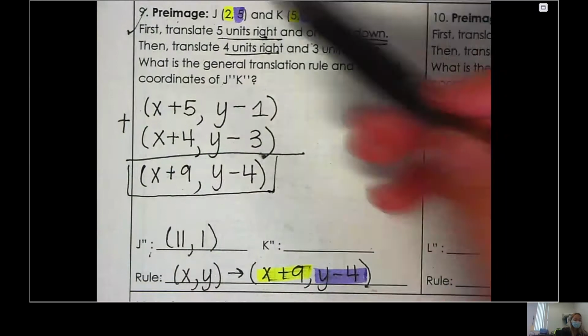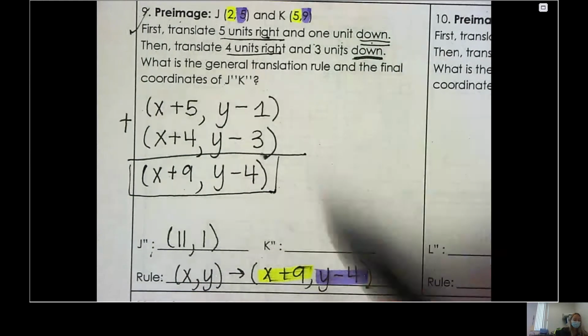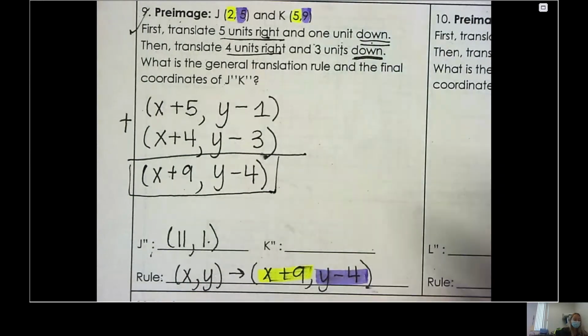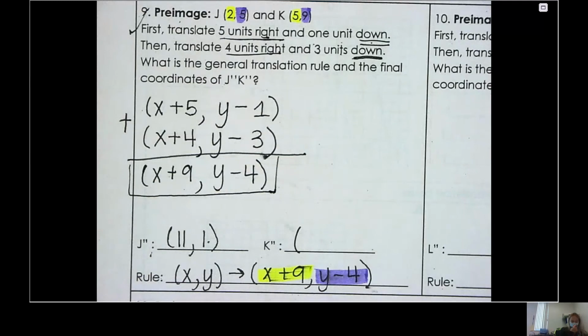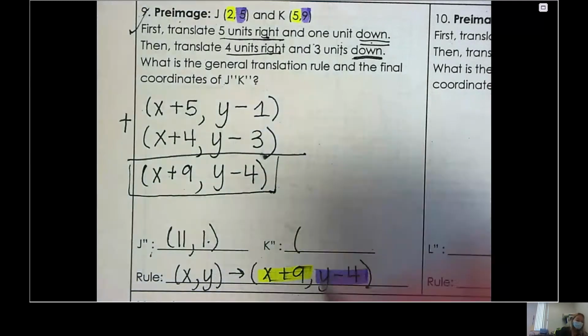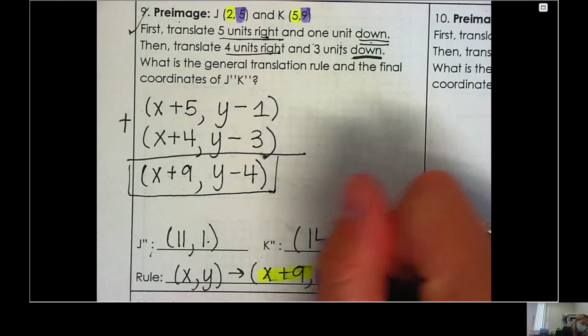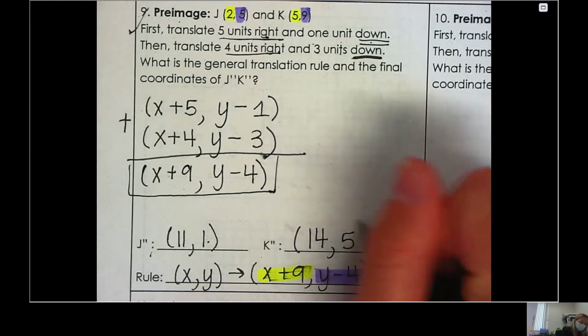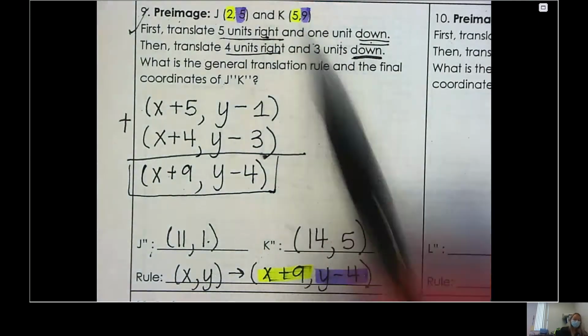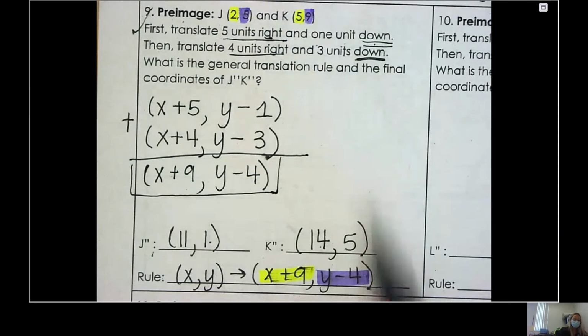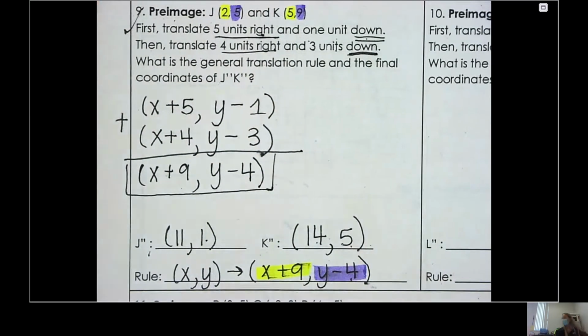Good. So 2 plus 9 gives me 11. 5 minus 4 gives me 1. What about K double prime? 14 comma 5. There you go. 5 plus 9 is 14. 9 minus 4 is 5. Good. Good job. Very good job.